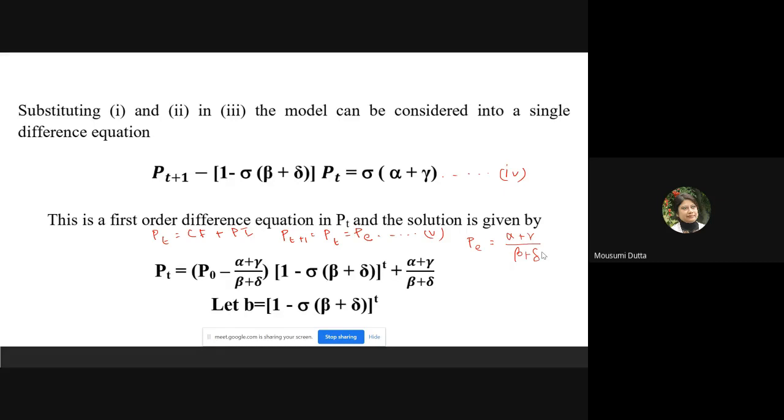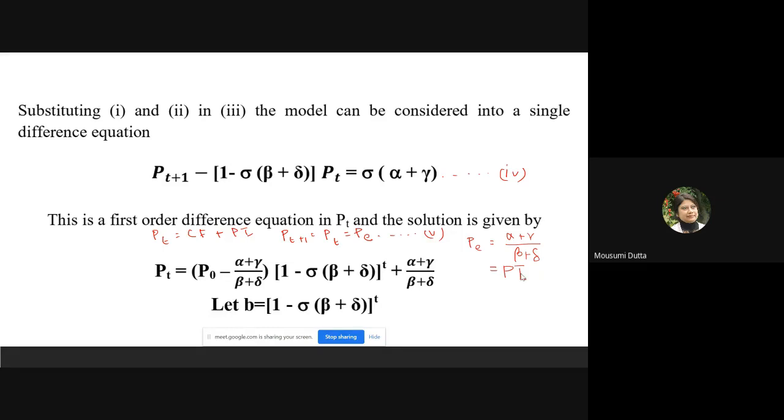So everybody please check whether you are also getting P is equal to alpha plus gamma by beta plus delta. If you get a different value, please let me know. Yes, good. And this is equal to the required PI, the value of the particular integral.